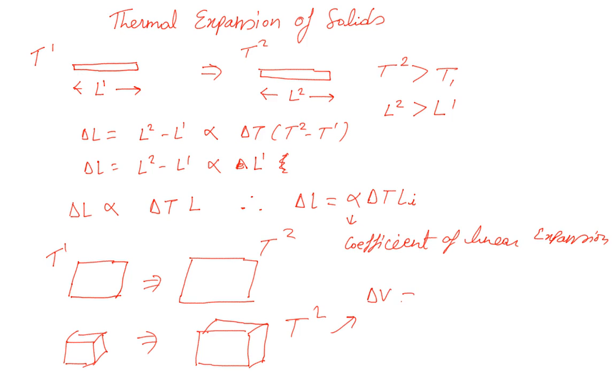In this case, delta V is going to be beta, the new proportionality constant, times the change in temperature multiplied by the initial volume. And again, that's an experimental observation. It's not something that has been derived theoretically, it actually has been observed. And also we can relate beta with alpha.